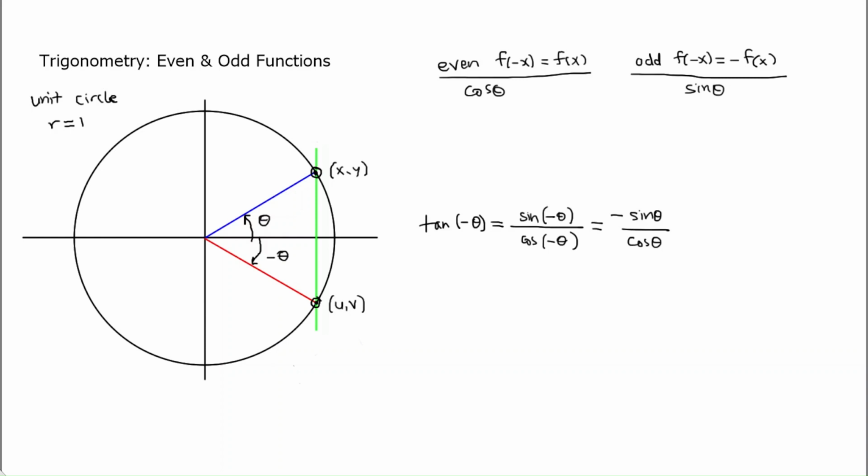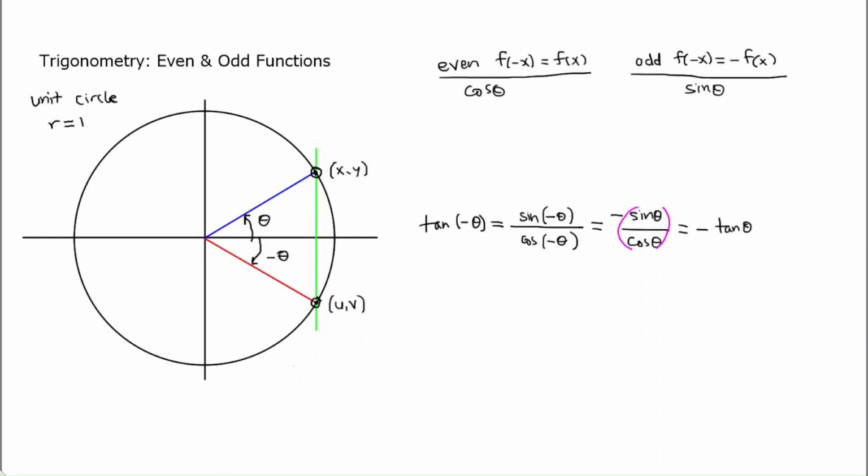Now we're pretty much there. The sine over cosine part, well, that's tangent. So I have a negative left over from our operations here, and then in parentheses, that is tangent theta.